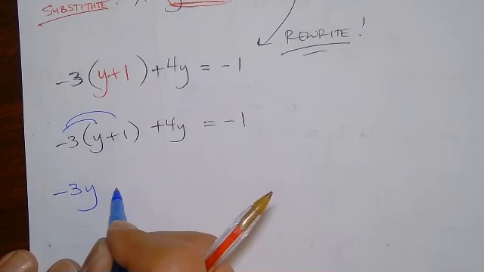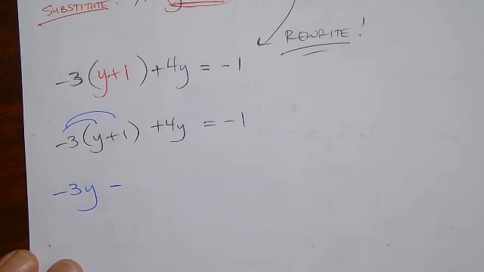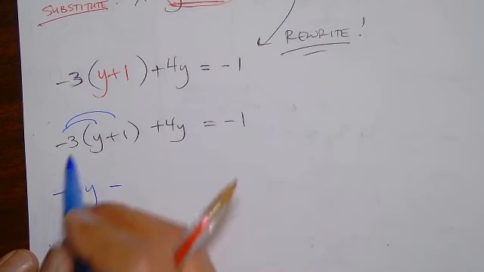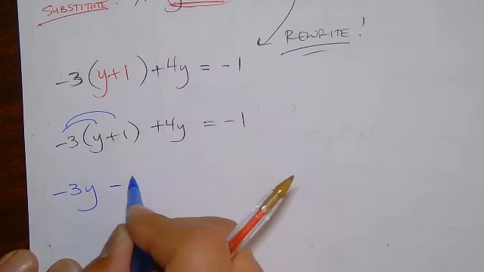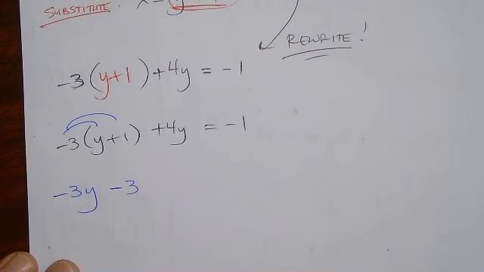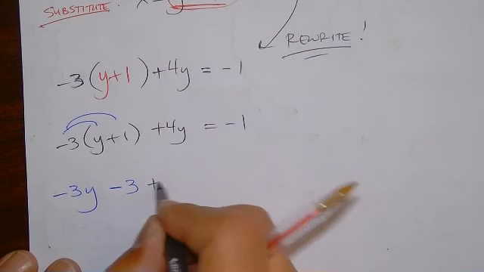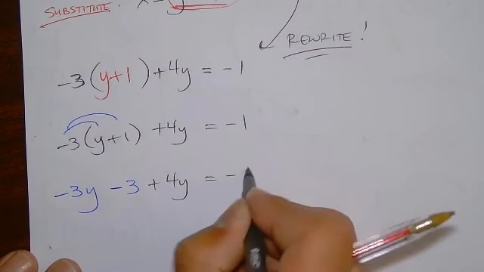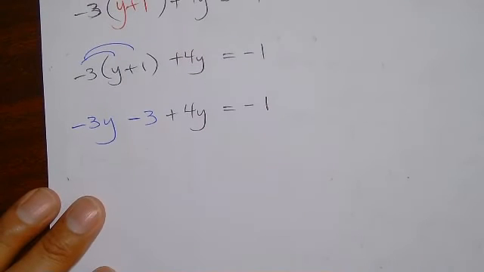And is that going to be +3 or -3? Watch out, because a negative times a positive is a negative. -3 times +1 is -3. Watch out when you distribute and there's a negative involved. Okay. If you cleared that spot there and you didn't mess up, I think you're going to be good.